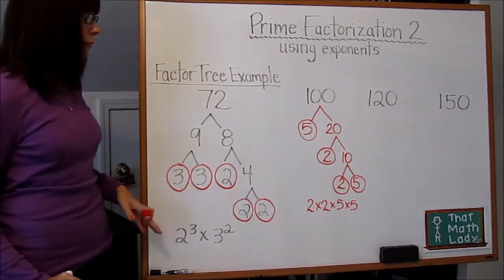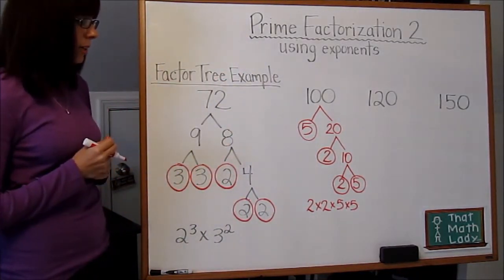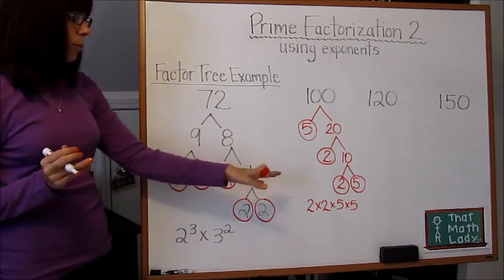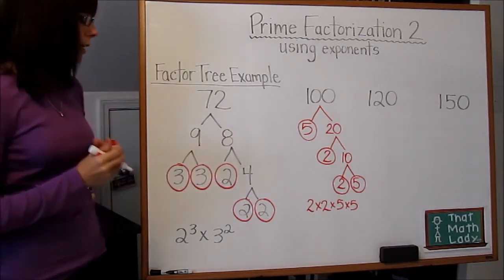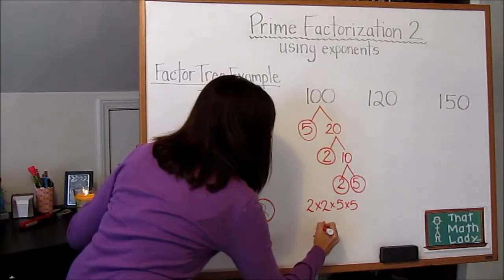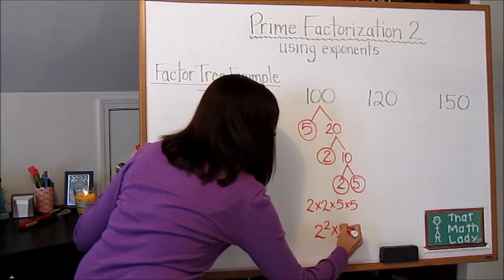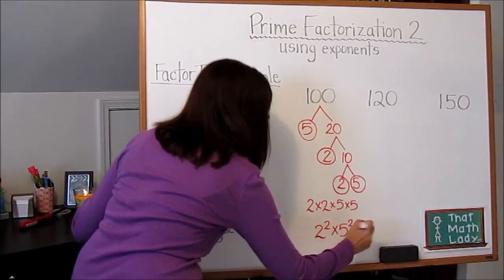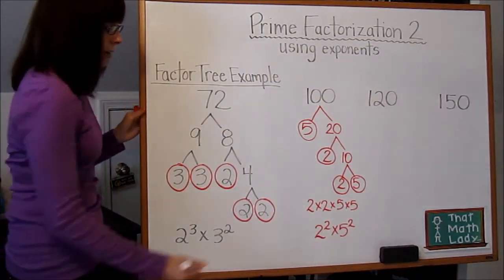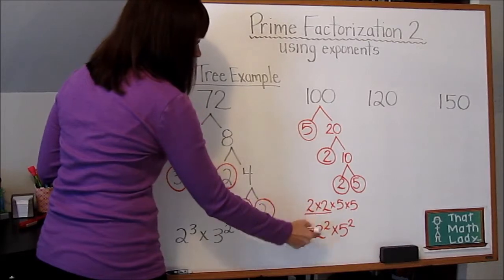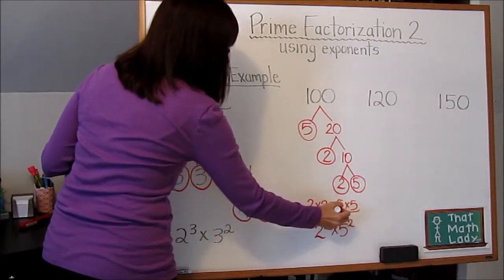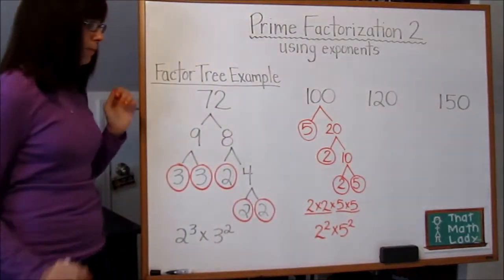However, in this lesson we are focusing on using exponents in our answer, and so the prime factorization for 100 would actually look like this. 2 to the power of 2 times 5 to the power of 2. Okay? So I have 2 2's that are being multiplied and 2 5's that are being multiplied.